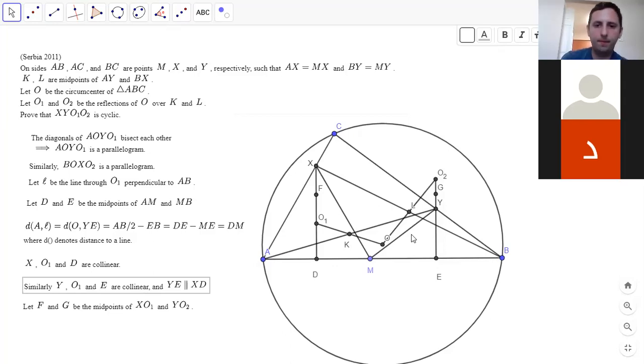FD is O1D plus FO1. Well, what's the best way to do this?